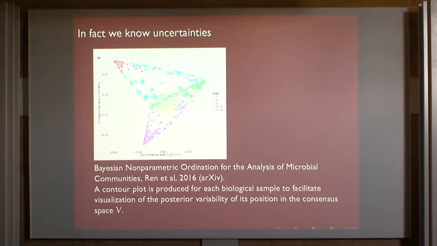So we have a Bayesian non-parametric model, where you can see that instead of just having ordination points, you have confidence regions. And it tells you that these points, for instance, are very uncertain. You have a much broader region, and that's because, in fact, the sample sizes for them are not very high. So that's very useful when you're trying to evaluate whether you really have clusters or not.